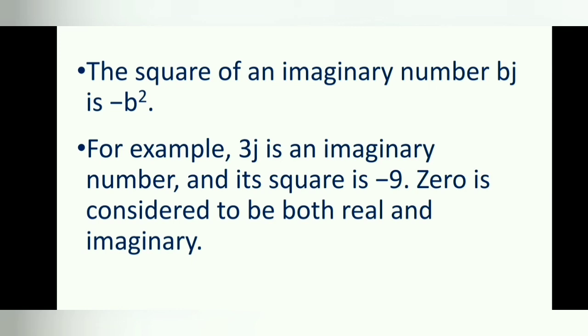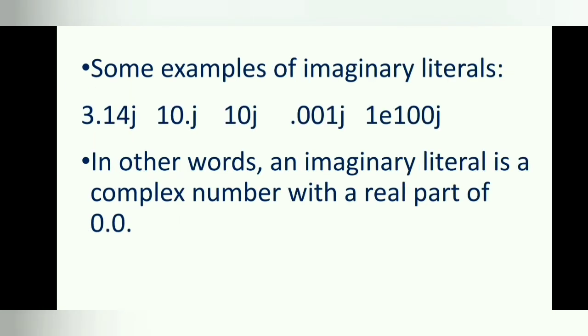For example, 3j is an imaginary number and its square is minus 9. 0 is considered to be both real and imaginary. Some examples of imaginary literals are 3.14j, 10.j, 10j, 0.001j, 1e100j. In other words, an imaginary literal is a complex number with a real part of 0.0.